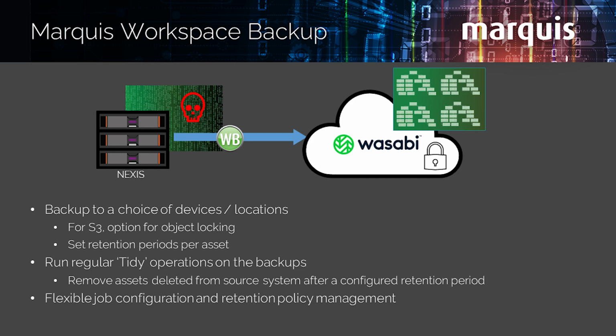We can also then run regular tidy operations on the backup, where we'll remove any assets that were deleted from the source system after a configured retention period. And we'll give you flexible job configurations and retention policy management, where you can choose which workspaces to back up and what policies to put on each workspace or each job. Give you lots of tools to go through and set the granularity that you need for your backup configuration.